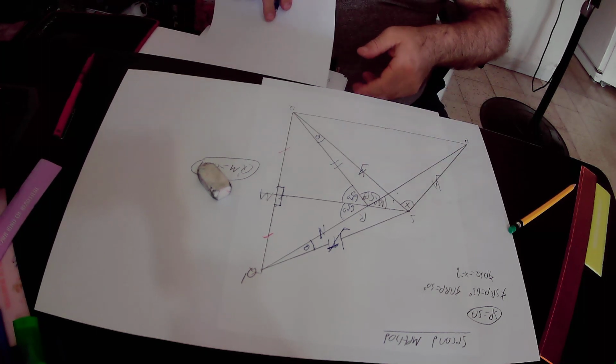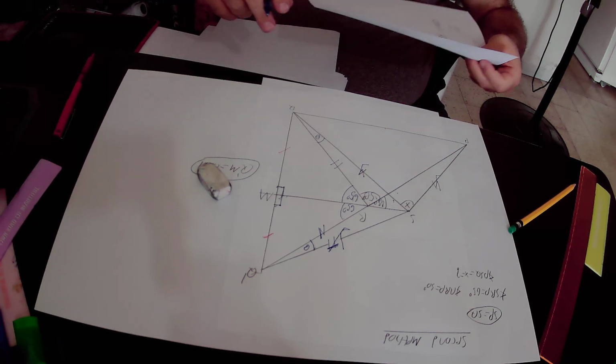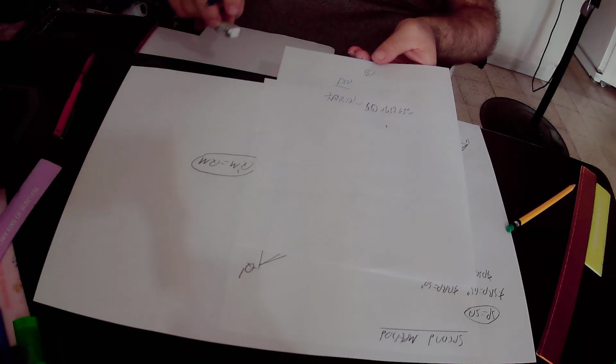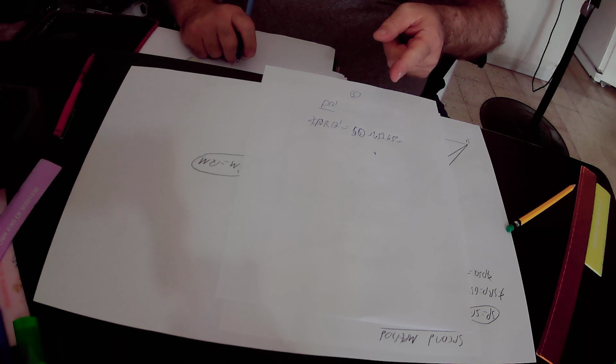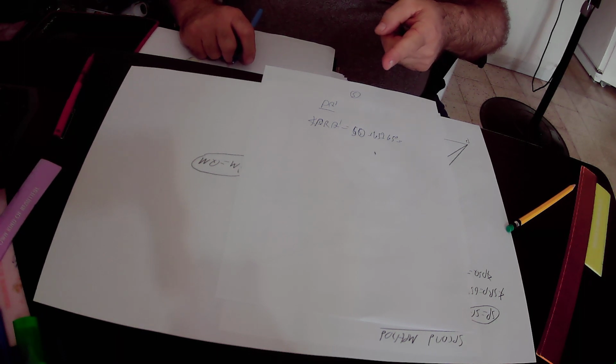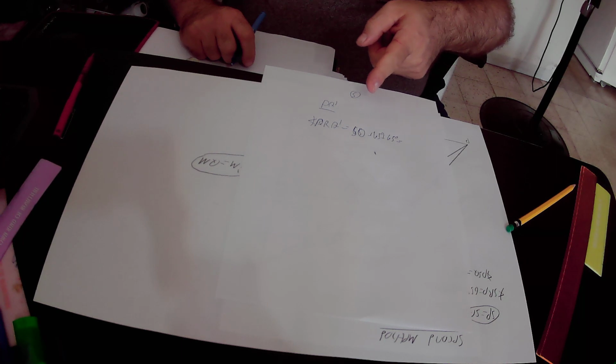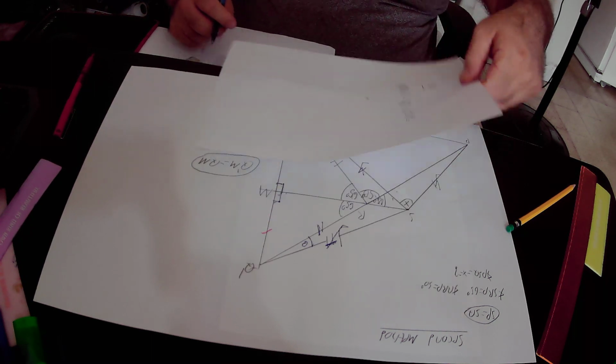Again, the size of angle PRQ dash from this side equals 50 degrees plus 65 degrees plus 65 degrees. 65 degrees plus 65 degrees is 120 degrees, and 120 degrees plus 50 degrees equals 180 degrees.